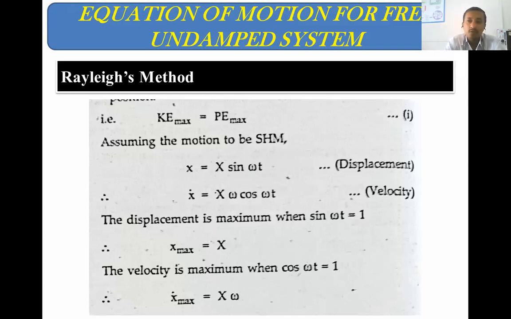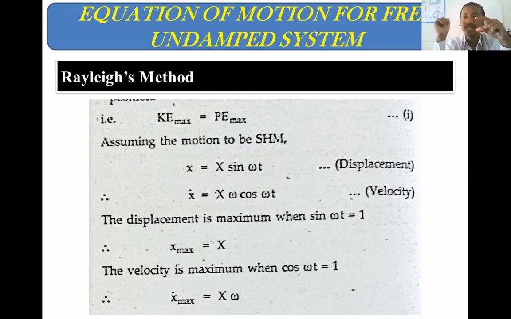Okay, so next, according to Rayleigh's method. So what Rayleigh's method states is, so according to this method, maximum kinetic energy is equal to maximum potential energy. अभी देखो मैंने बोला वाइब्रेशन के टाइम पे, so at certain point kinetic energy is maximum, at certain point potential energy is maximum. जब potential energy maximum होता है तो kinetic energy 0 होता है, kinetic energy maximum होता है तो potential energy 0 होता है. लेकिन क्या है, total energy remains constant. तो इसलिए क्या होना चाहिए?